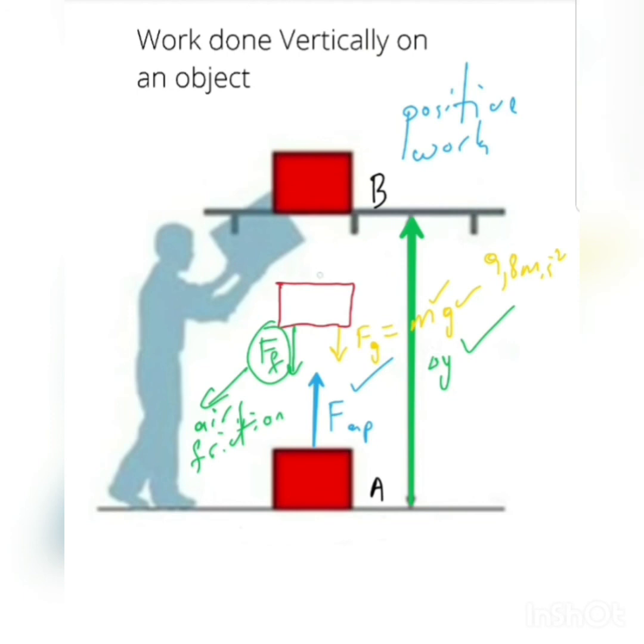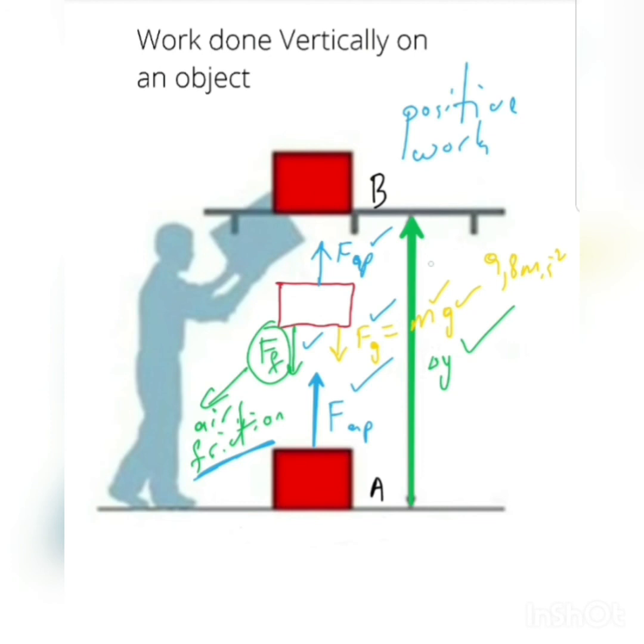Then it means you are going to have three forces acting on an object: the applied force, the frictional force, which is caused by the air friction, and of course the force of gravity.